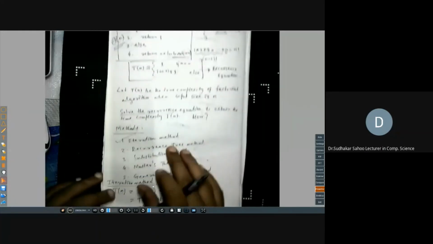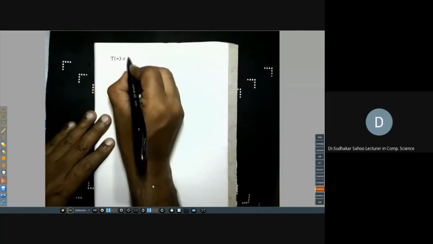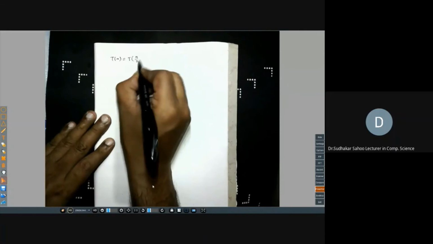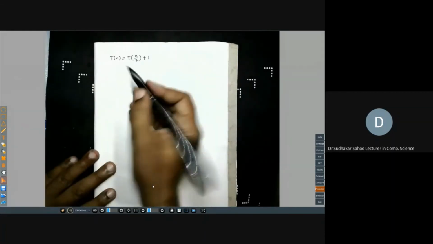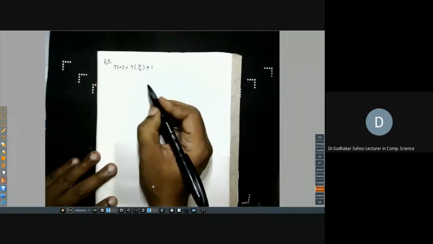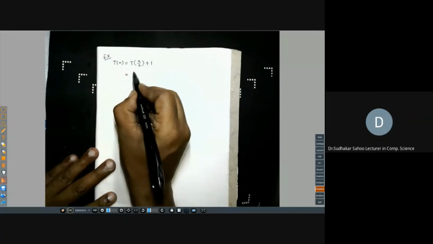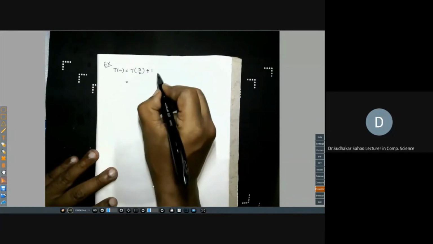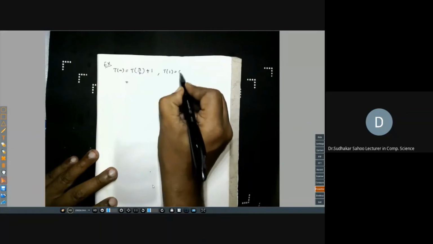Okay, so we got what the iteration method is. You can also solve some other problems, like T(n) = T(n/2) + 1. Using the iteration method also you can solve. So how to solve this? I am not writing the other base case, if you want. T(1) is equal to, suppose, 0.